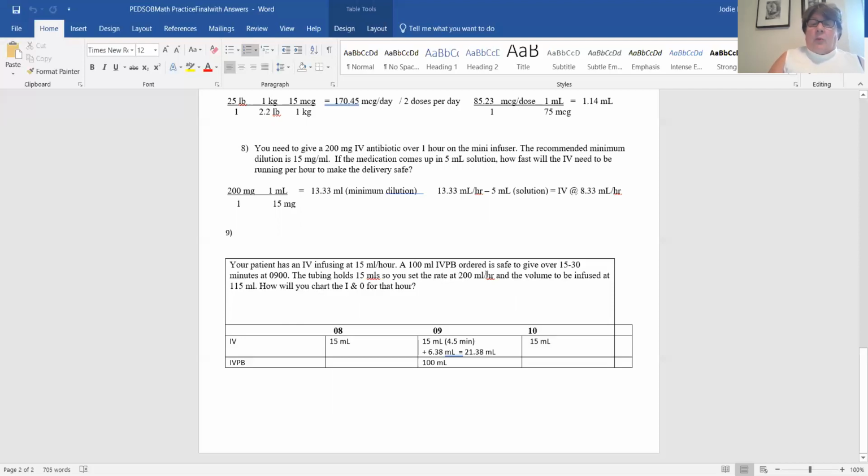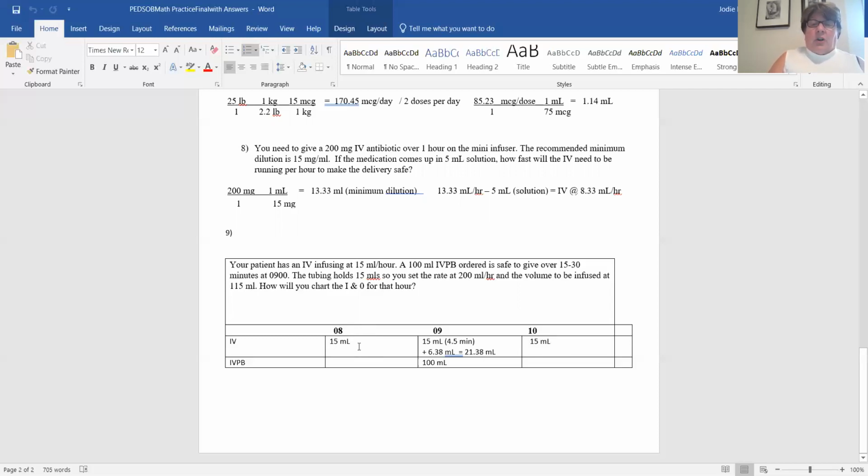Your IV will run at 200 for this 30 minutes for that 100, and then for a little bit longer for the extra 15. And then it will revert back to the 15 mils per hour primary rate. So from 8 to 9, you're just going to have 15 mils per hour.